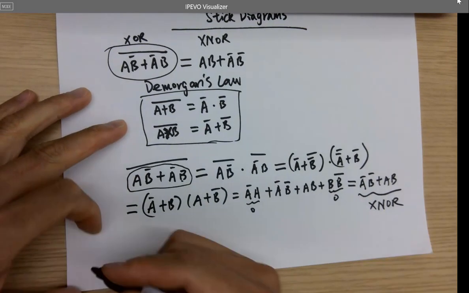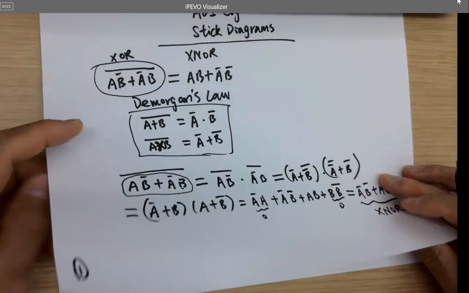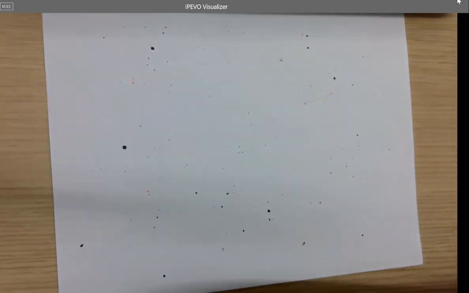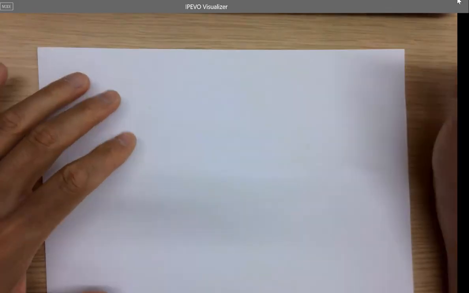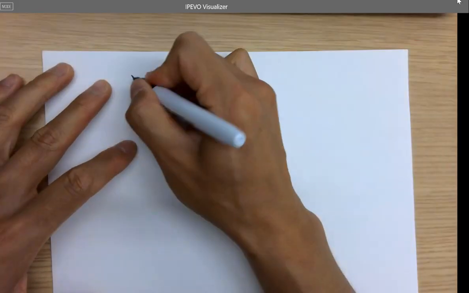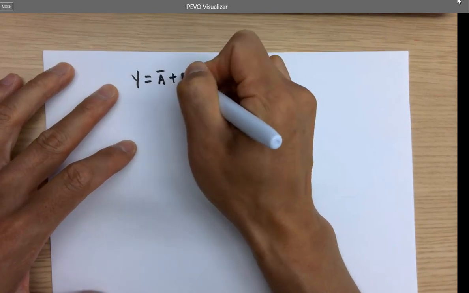Okay. Now let's look at one example here. It's not exactly the XOR logic, but it's something else. Y equals A not or BC.